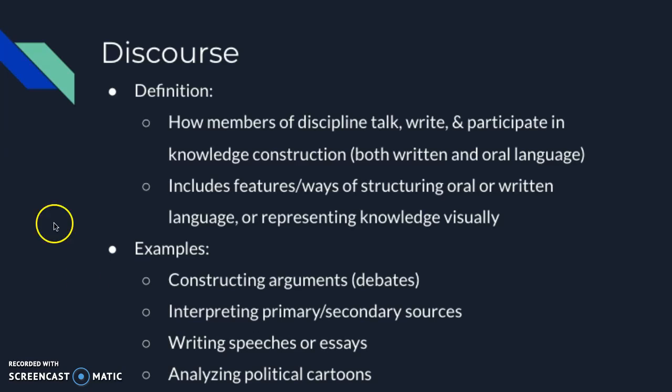So it's also important to know that discourse can be oral, written, visual. So for example, constructing arguments, such as debates, interpreting primary or secondary sources, writing speeches or essays, and analyzing political cartoons. And these are common things that we do within history, social science classes as well.